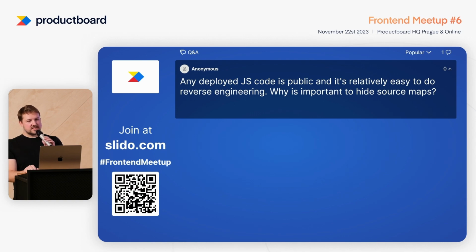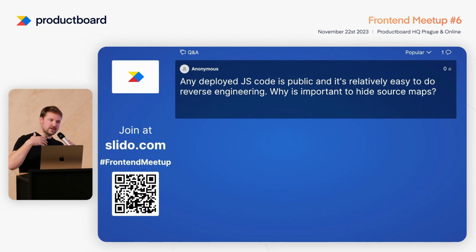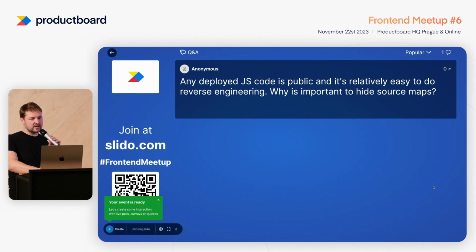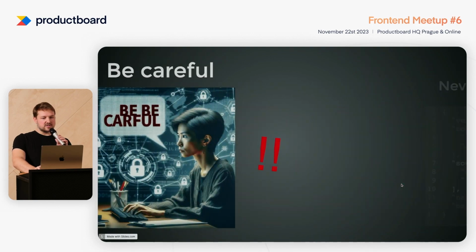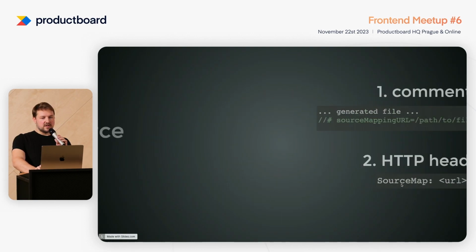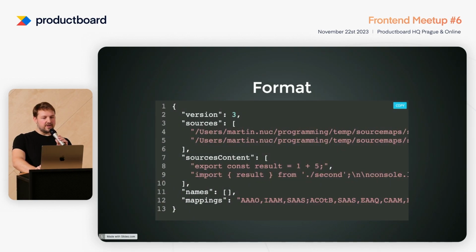Any deployed JS code is public, and it's relatively easy to reverse engineer. Why is it important to hide source maps? You're right. The JS code is possible to reverse engineer, right? It's supposed to be executed by the browser, so even a human being can read it. The source map is important to hide because it contains the original source code, which is really easy to read.